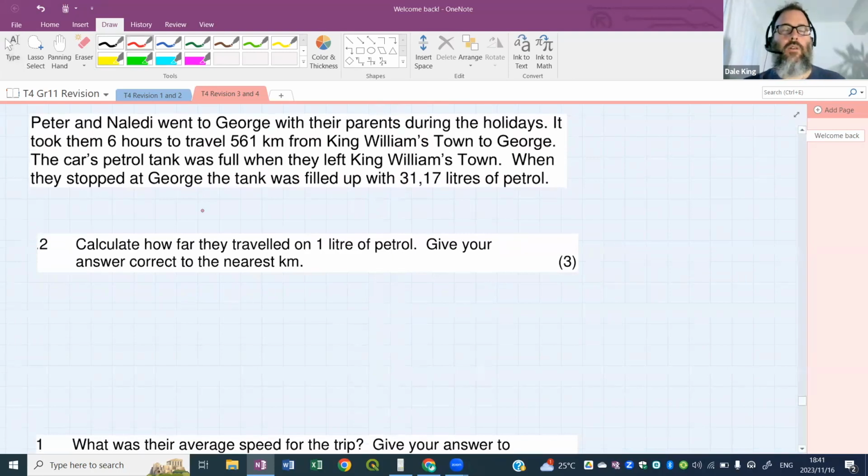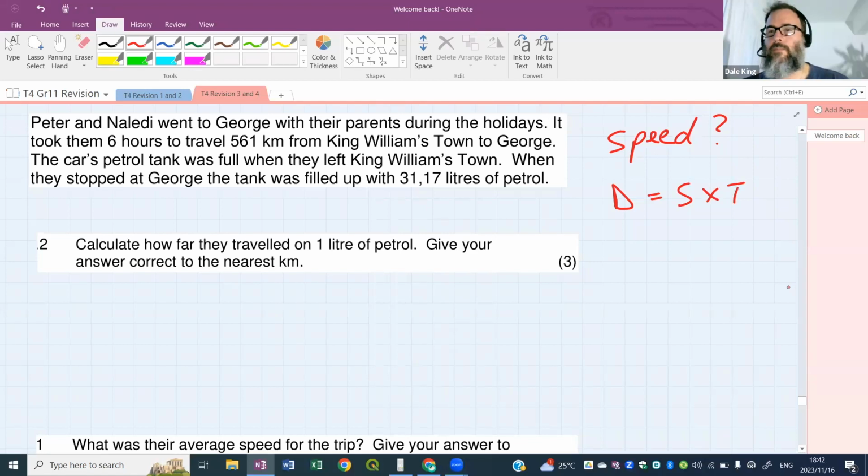While you guys are trying number 2, I'm just going to explain. They said they wanted speed, but they gave you a formula like this: distance is equal to speed times time.